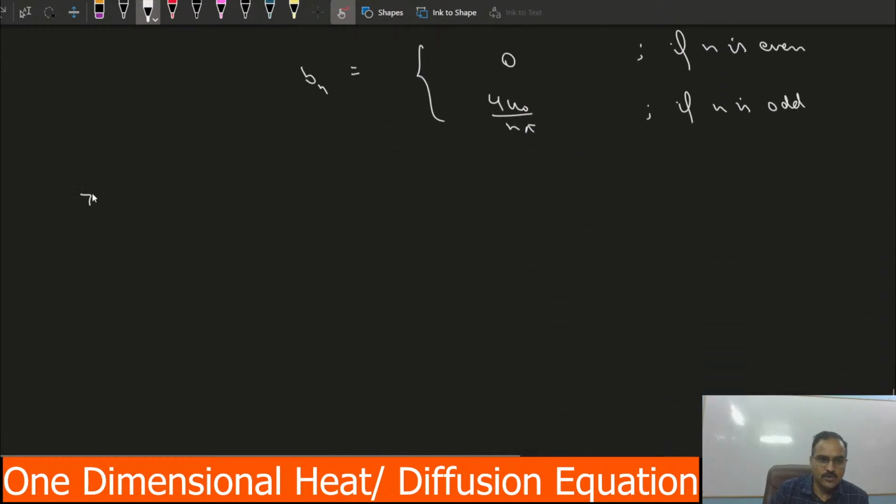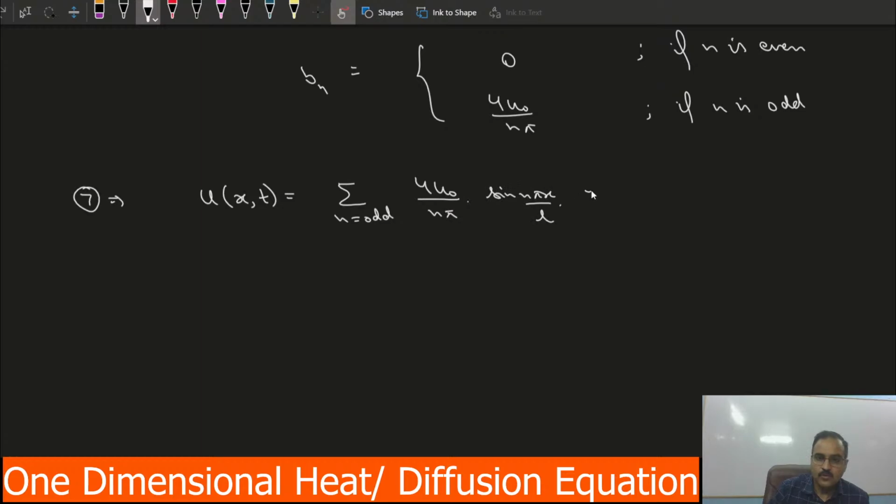So substituting in equation number 7, we get u of x, t equal to summation, for n odd only, 4 u naught over n pi into sin of n pi x by l into e raised to power minus c square n square pi square over l square into t.